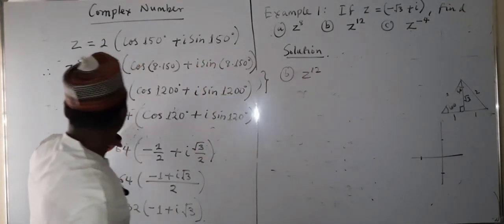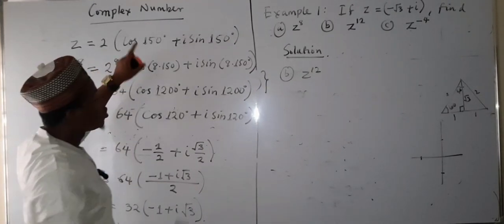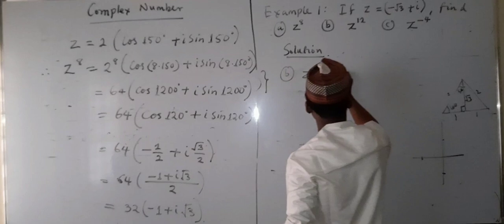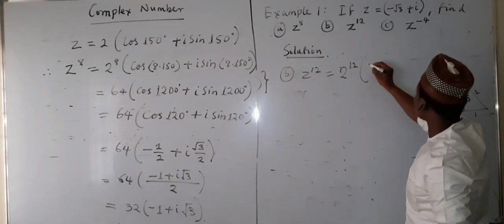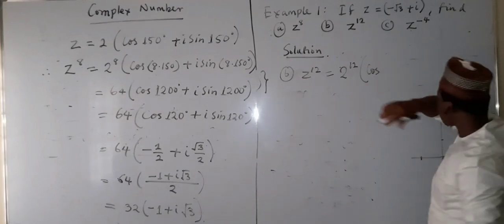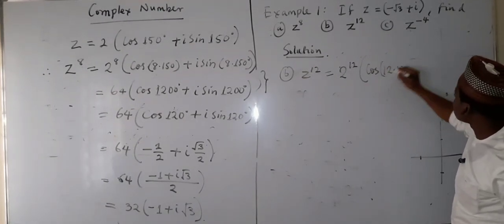So we already have the polar form, right? Yes. So z to the power of 12 now will be what? 2 raised to the power of 12 cos 12 times 150, is that correct?